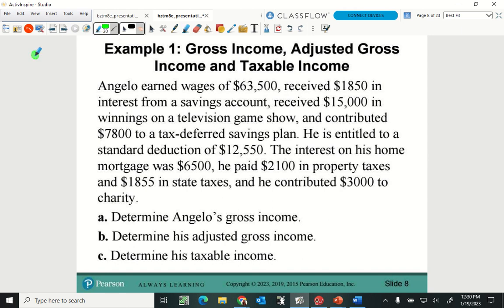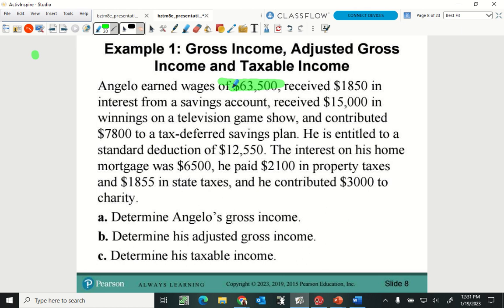I'm going to highlight things as we go to see what's what. It says Angelo earned wages of $63,500. Is that just gross? He's earning it, right? So which category does this go in? Gross. Very good. Then he received $1,850 in interest from savings.